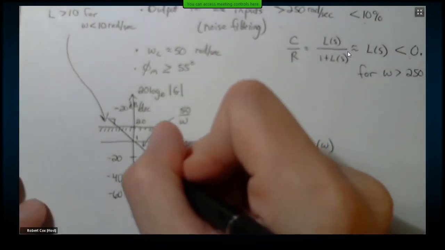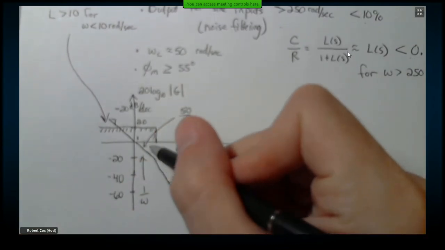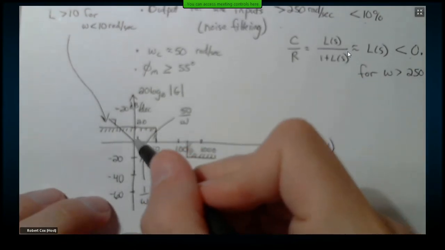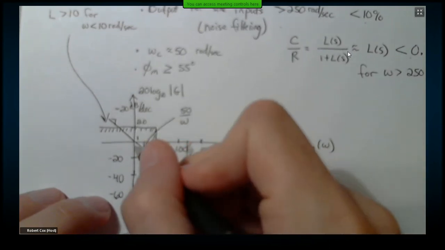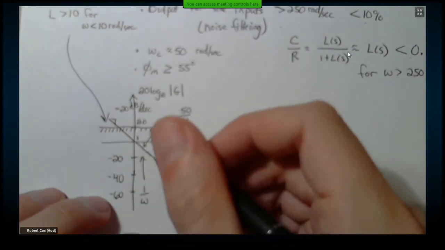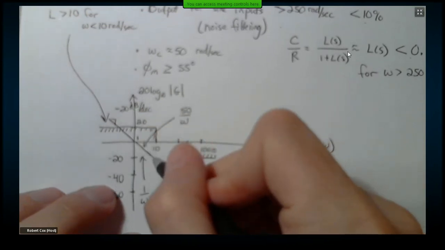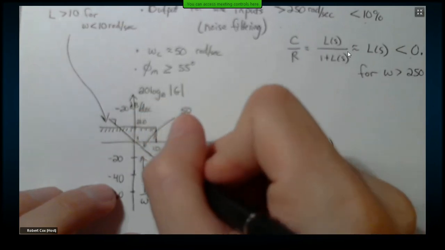Now, this line right here is 1 over omega. So I need to take this whole transfer function and lift it up. If I lift it up by 50, the question is, is that enough to clear this obstacle? It actually won't be.